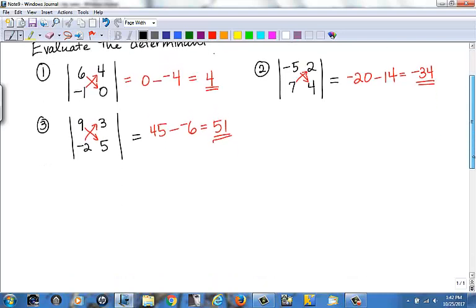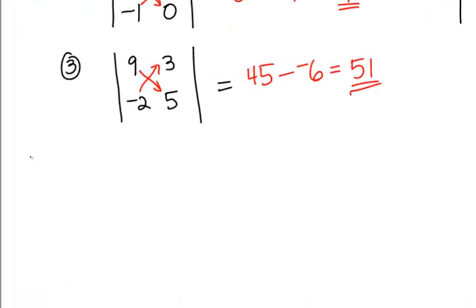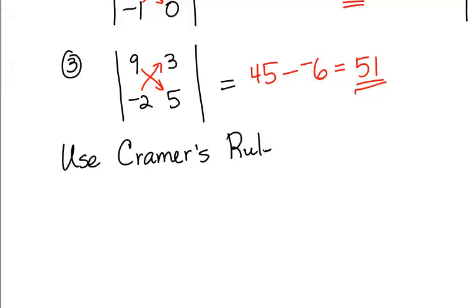Okay, now we're going to use the determinants to solve 2 equations, 2 unknowns by what they call Cramer's rule. So the directions will just say use Cramer's rule to solve. And we're going to do 2 equations, 2 unknowns.